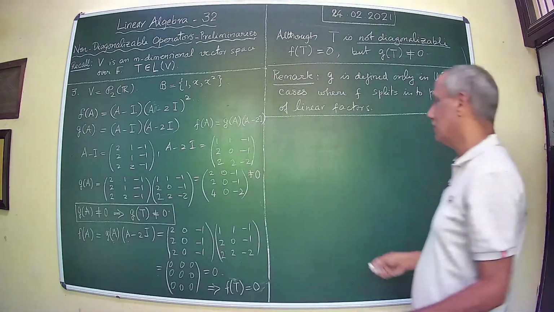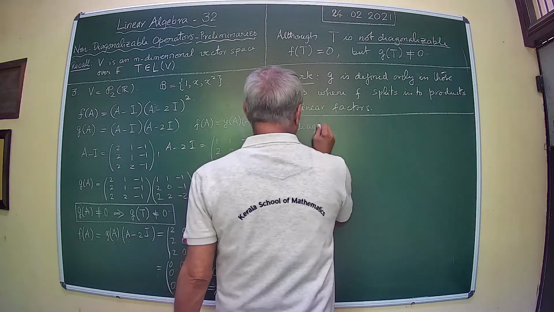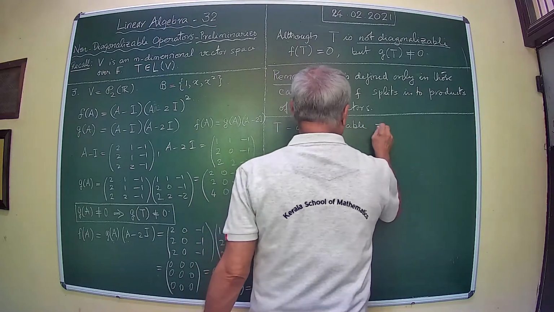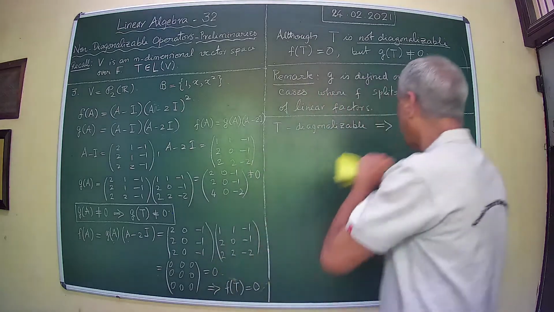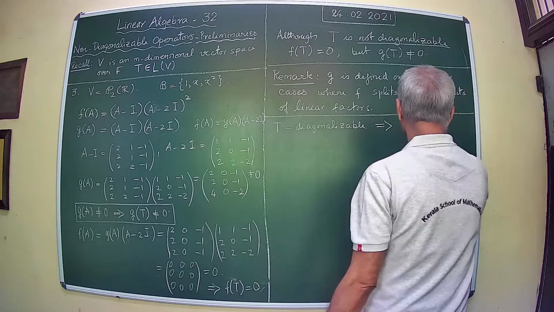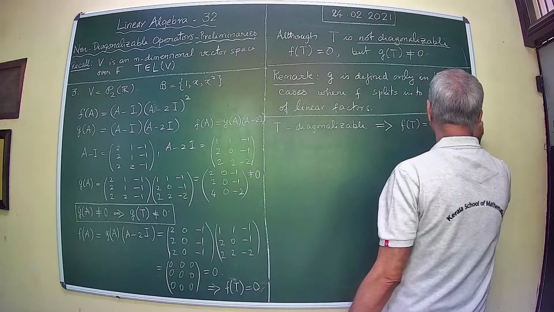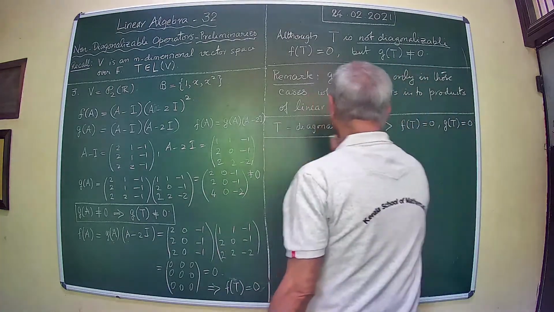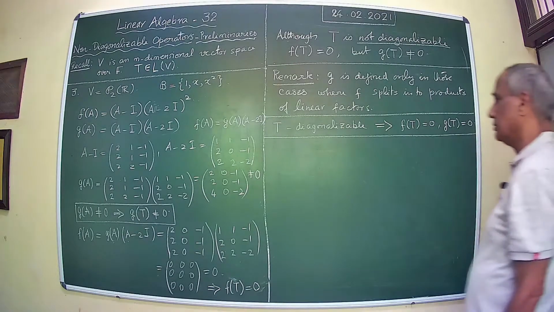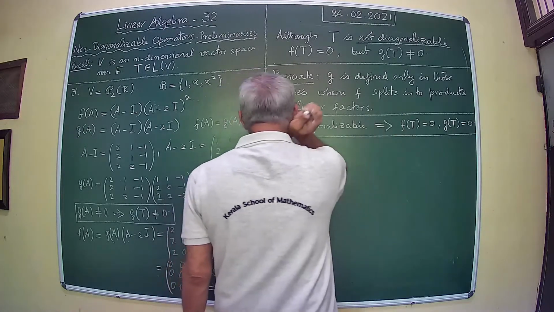So T diagonalizable implies f of t equal to 0 for the characteristic polynomial, g of t is defined and g of t equal to 0. This is one observation. Now in the examples, this we have conclusively proved.